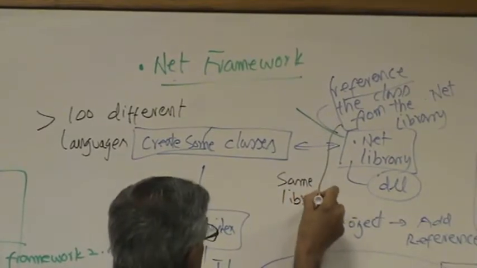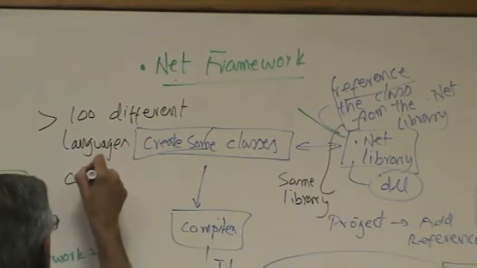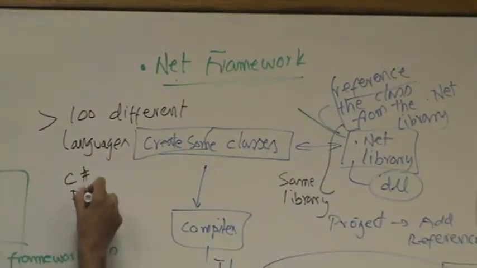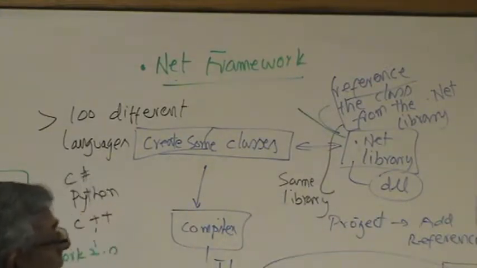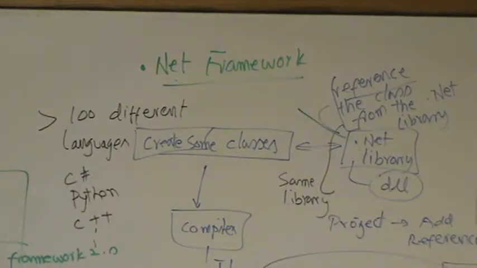So it doesn't matter whether you program in C# or Python or C++ or any other language, you are using the exact same library. So then the question is, why should we learn C#? If you already know C++, why not learn Python, if it doesn't matter what language we use?